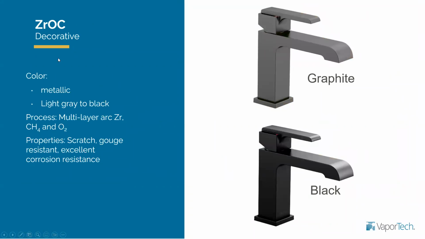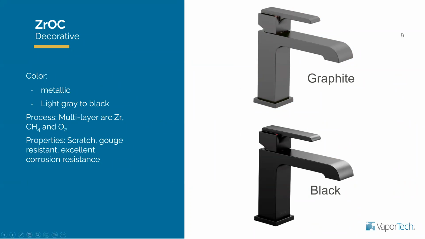Just to give an example of another type of coating that you can produce with zirconium, instead of nitrogen and carbon, if you have oxygen and carbon in your film, you can create different types of colors. These are all manufactured, they're all what we call Xerox, and they all have, again, a metallic look and can go all the way from light gray to black.